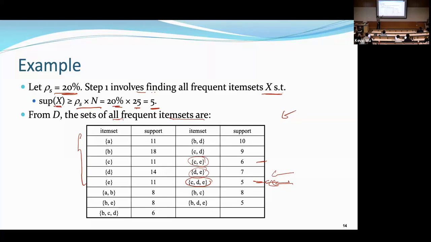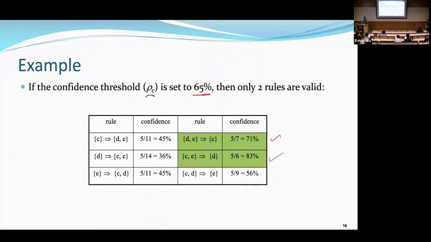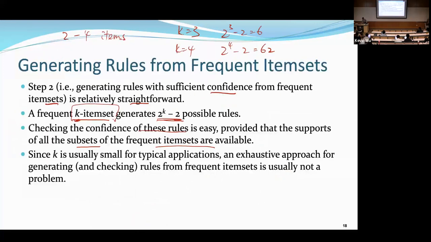If you have compiled this table of all the frequent item sets. So basically what I'm trying to say is that for step number 2, checking the confidence of the rules means checking a whole bunch of those ratios. The support counts that you need to compute all those ratios are readily available, right? So there's really not much of a problem in completing step 2.